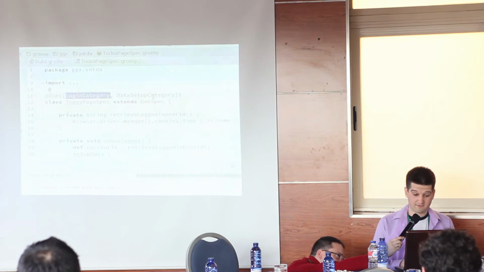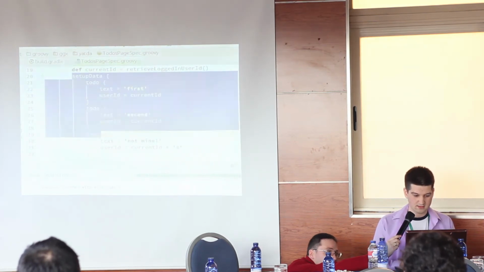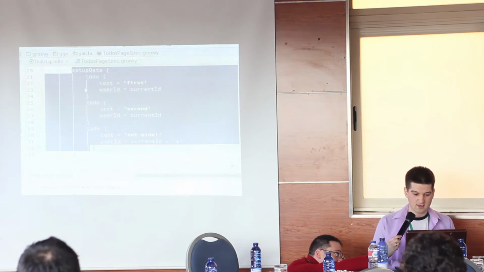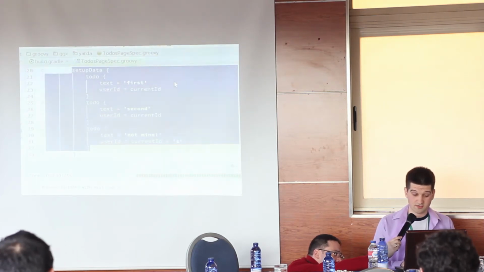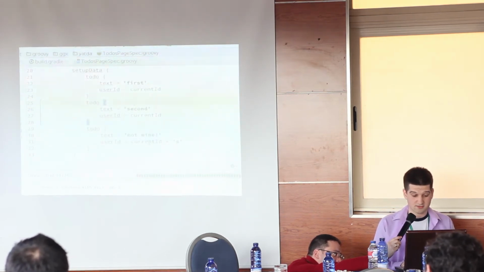We also have a data setup category over here, which makes setting up data really easy using this simple DSL. We are just saying we are creating two entities of kind to-do over here, each with different text, and they all belong to the same user. Sorry, no, the first two belong to the same user, and the third one belongs to somebody else.